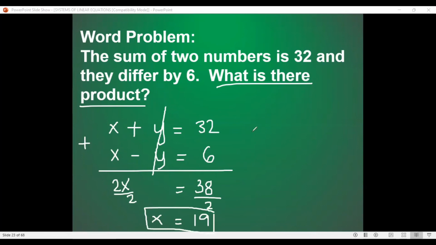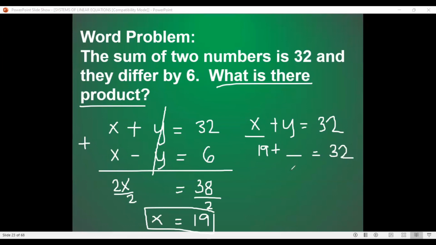Now ask yourself, you have x plus y equivalent to 32, or you can use the other equation, x minus y equal to 6. What are we going to do? We just substitute. Your x is equivalent to 19. So 19 plus the value of y is equivalent to 32. You can present it that way, and it's easier to identify the value for y.